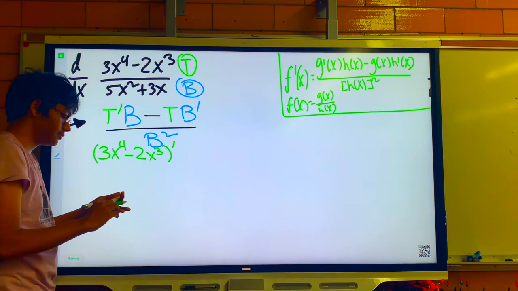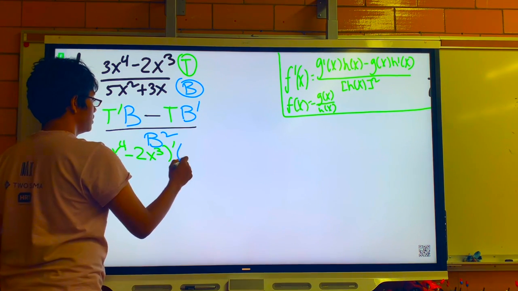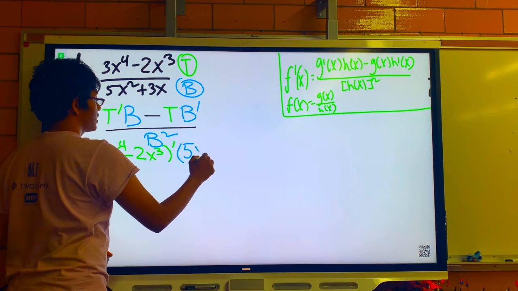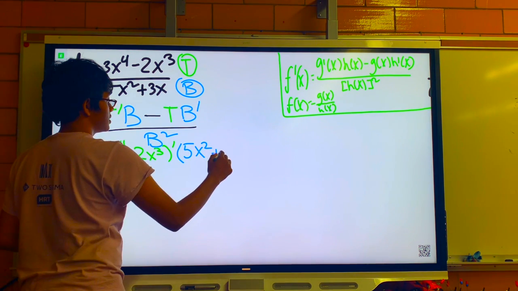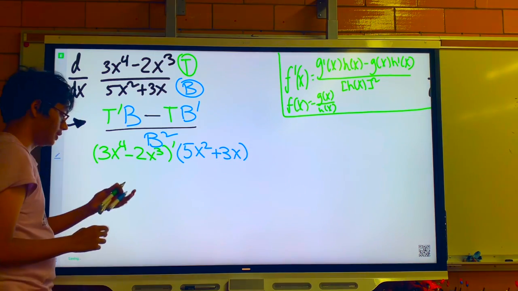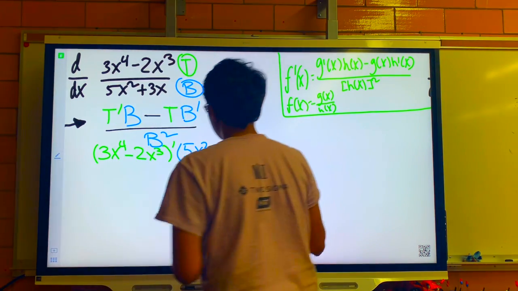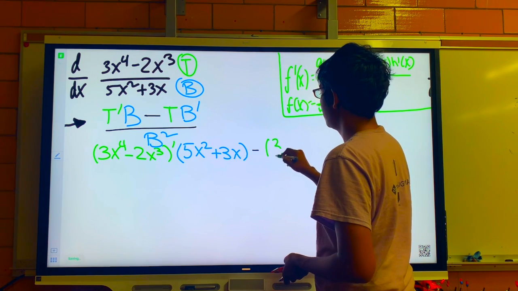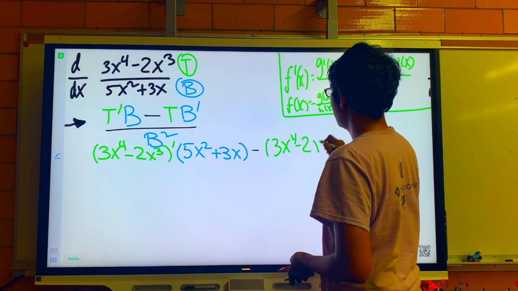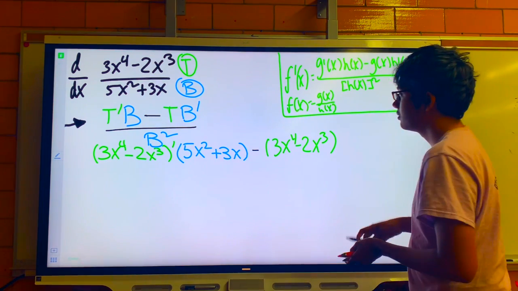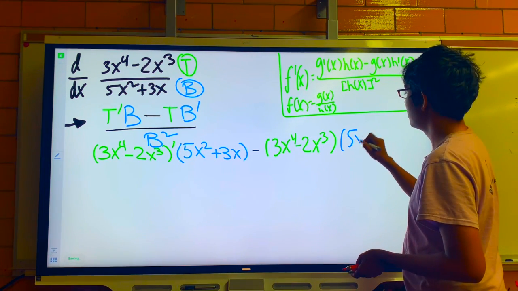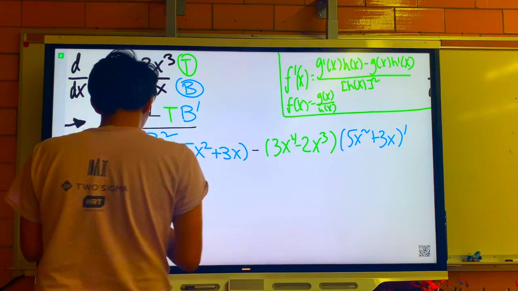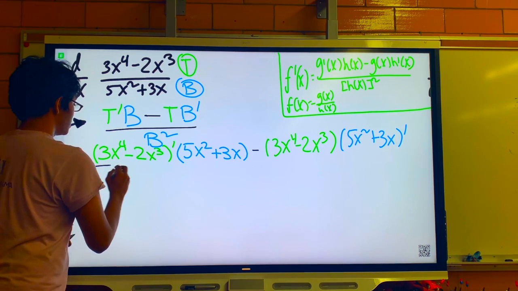We'll take the derivative of that, and then times bottom function 5x squared plus 3x, and from that we will subtract. Once again, we're gonna take the top function 3x to the fourth minus 2x cubed. This time we will not take its derivative, but we will take the derivative of the bottom function. And remember that we divide all of this by the bottom function squared.